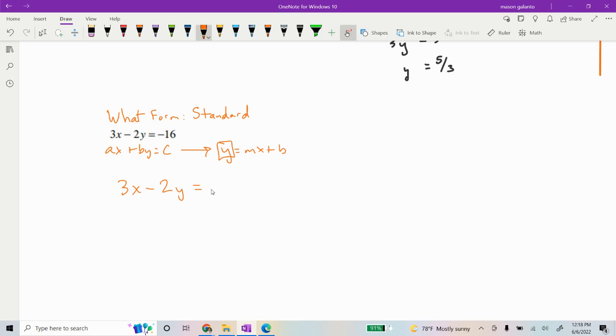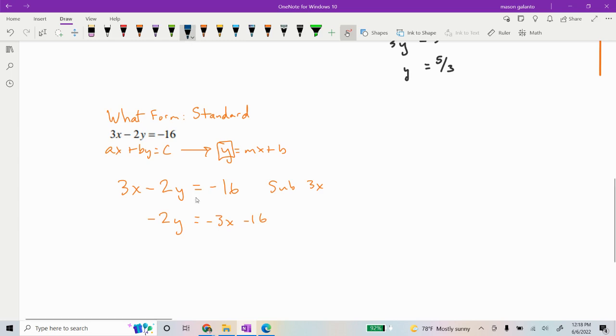What you'll see is that as you go through these, the steps are identical every time, and it should only be 2 steps. The first step is to subtract 3x. We want y by itself, so we're going to subtract 3x. We're left with negative 2y is equal to negative 3x minus 16.